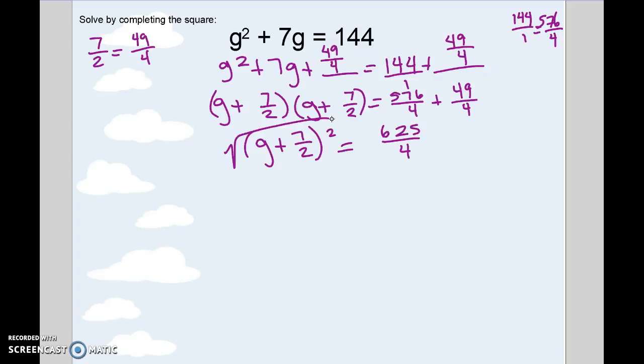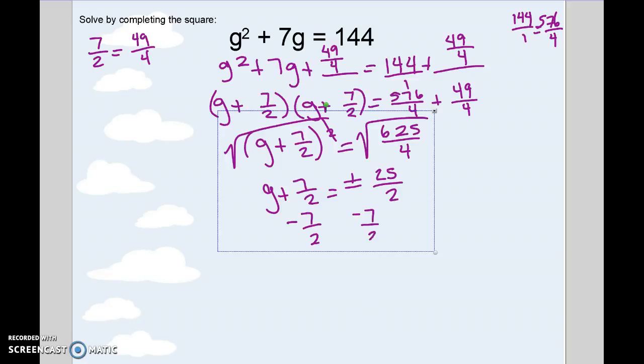Take the square root to get rid of the square. So I get g plus 7 over 2 equals plus or minus, and these are both perfect squares, so 25 over 2. Move over the 7 over 2. So I get g equals negative 7 over 2 plus or minus 25 over 2, and I can split that up into two equations.